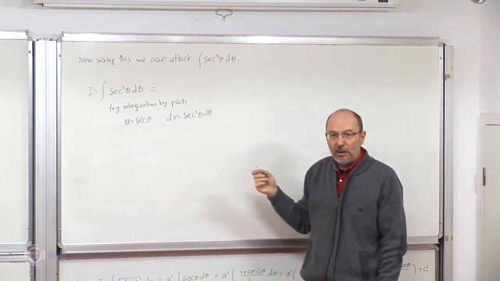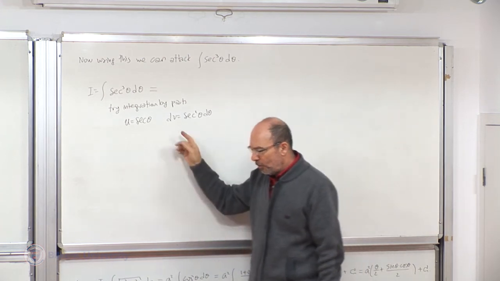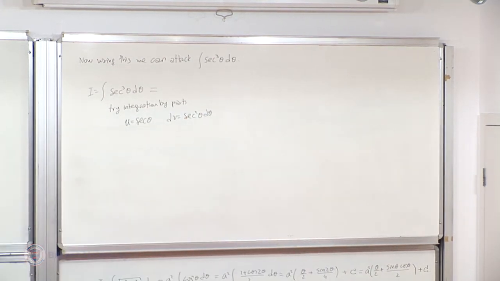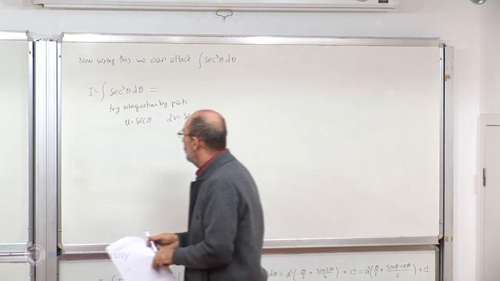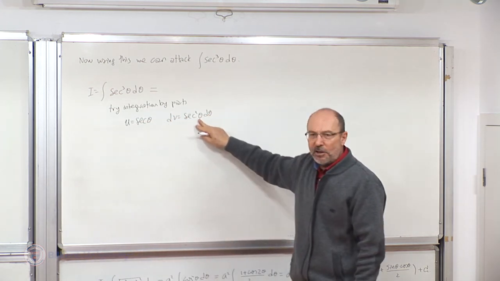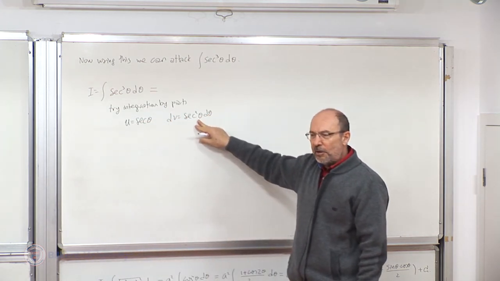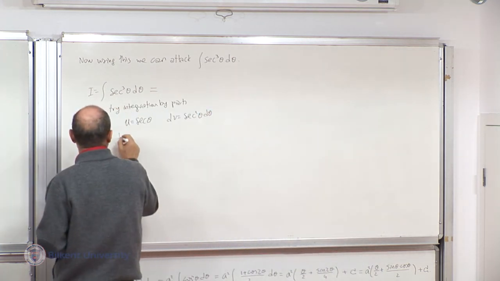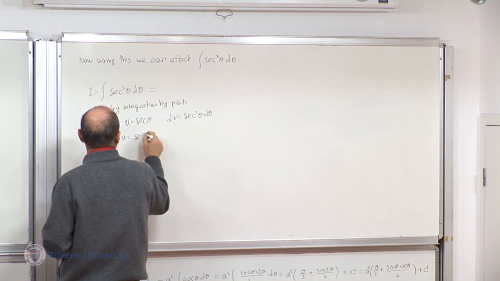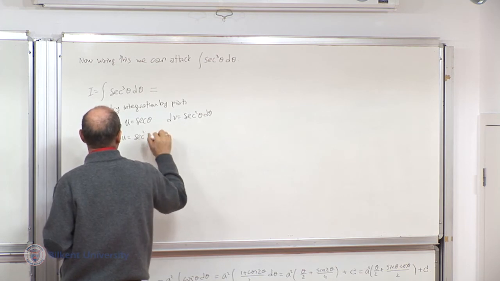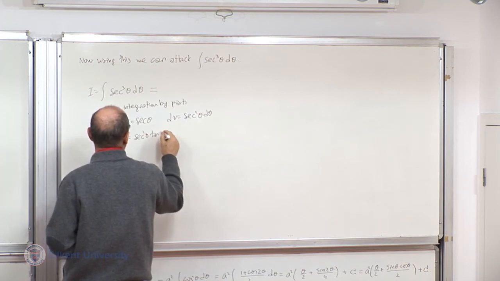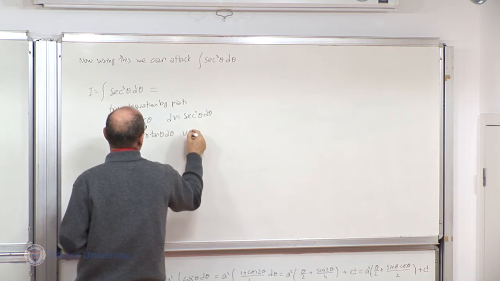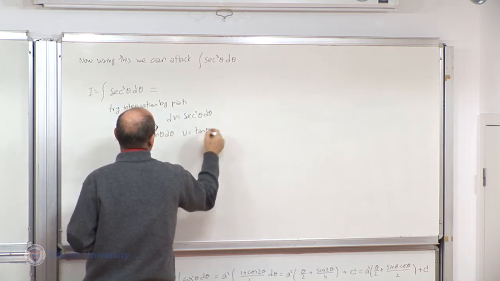An obvious splitting, because I know that secant square is the derivative of something. On this part you try to write something which is the derivative of something that you know. So du becomes secant theta tangent theta d theta, and v is tangent theta.